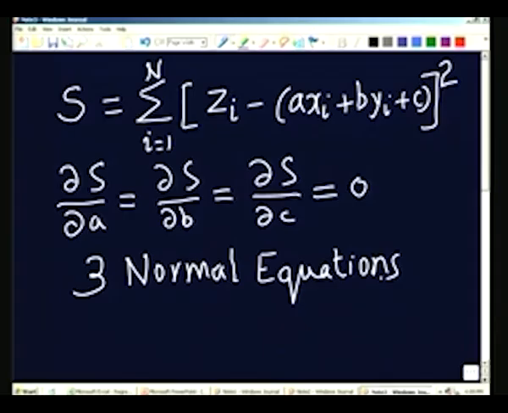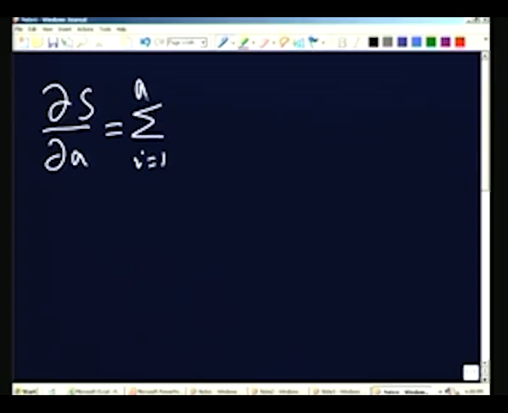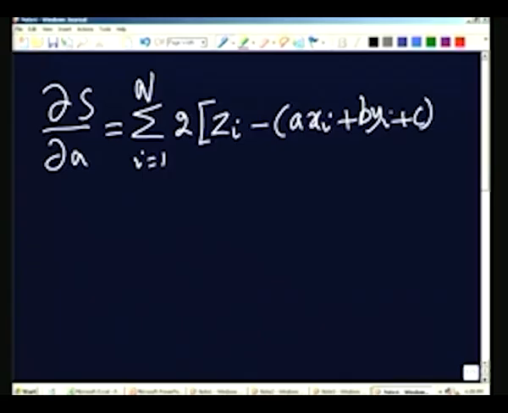So, suppose I take dou S by dou A, let us see what is going to happen. We have dou S by dou A equal to sigma over i equal to 1 to n, 2 into (Zi minus (Axi plus Byi plus C)) multiplied by minus Xi.